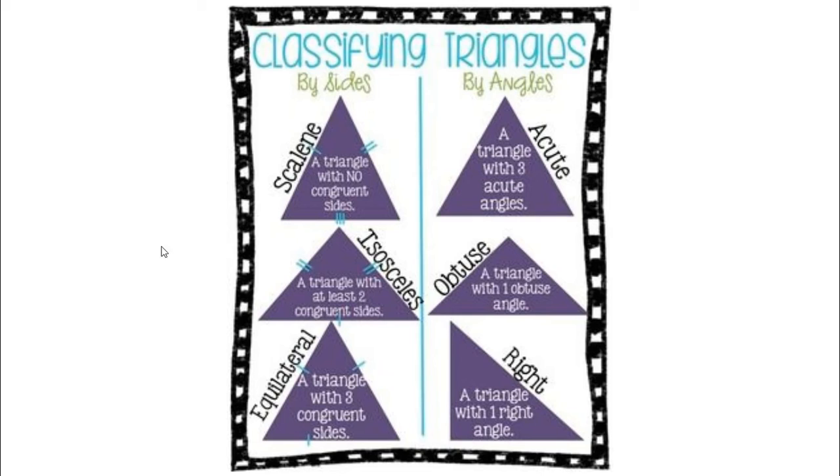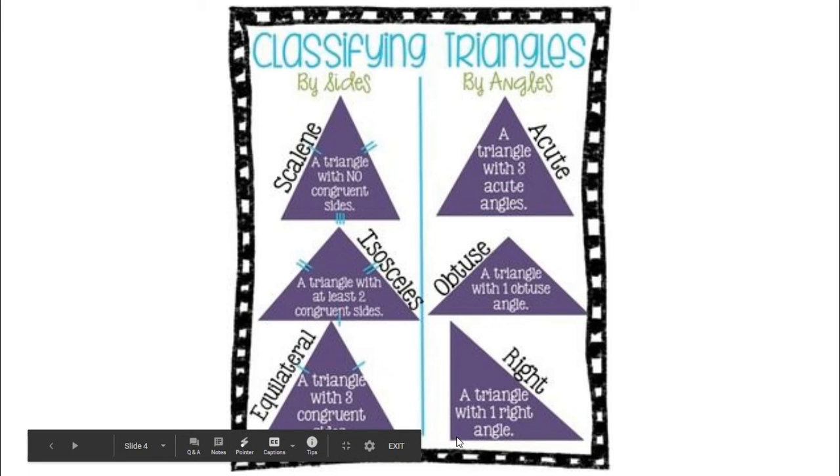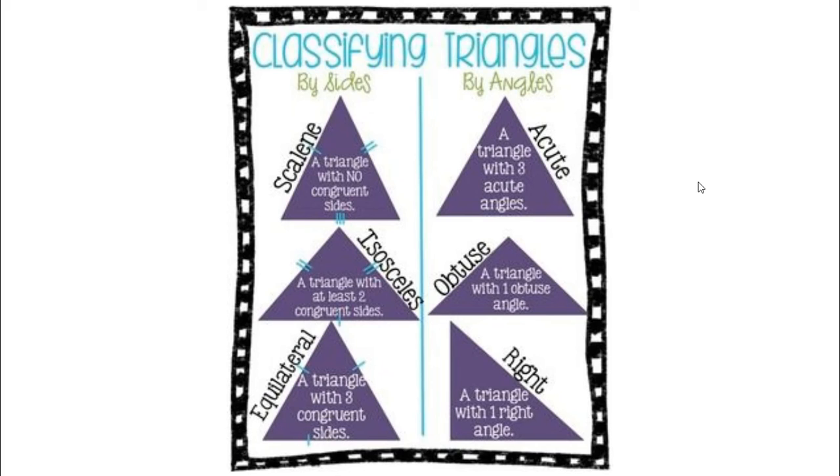And then angles, acute, all three angles of the triangle are acute. Obtuse means you have one angle that's obtuse, and a right triangle means you have a triangle with a right angle in the corner there. So those are the 6 different ways you can classify triangles.